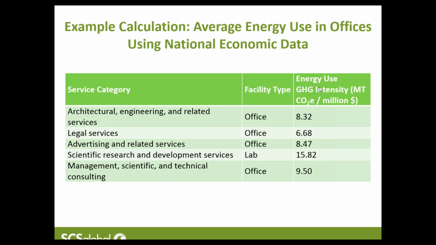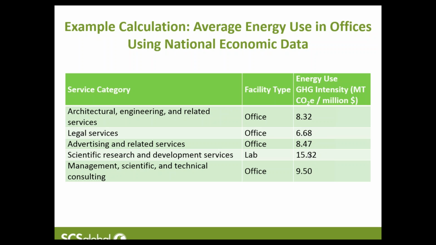And then using these intensity factors, we calculated the average energy use per $1 million of spend for this company. And you can see these greenhouse gas emissions, in terms of metric tons of CO2 equivalent per $1 million, ranged from about 6.7 to almost 16 for the lab services.